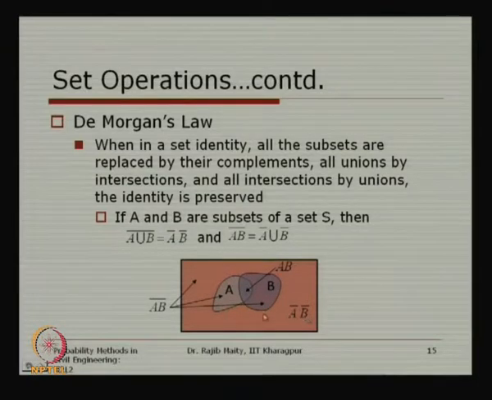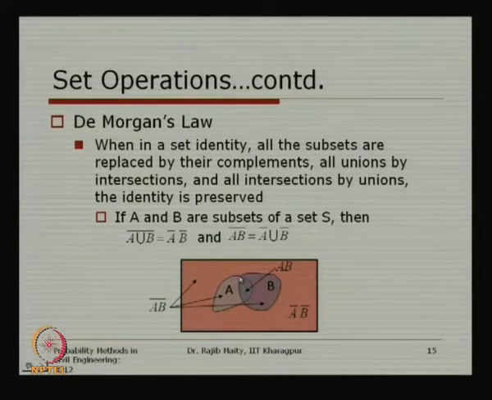Now if we know these three areas, then we can appreciate these two relationships. You can see that if A and B are subsets of a set S, then A union B complement means, first of all, we will see where the A union B is.